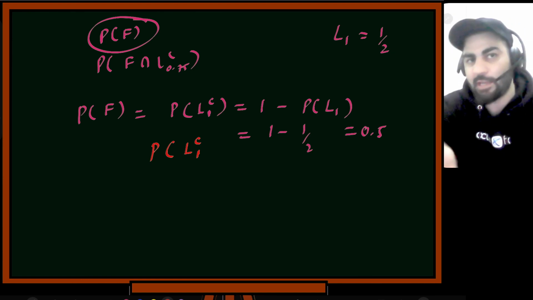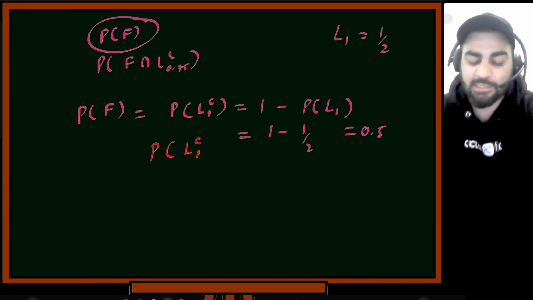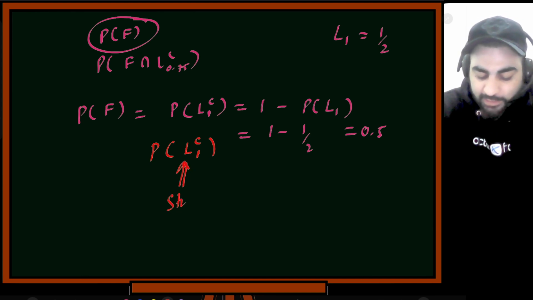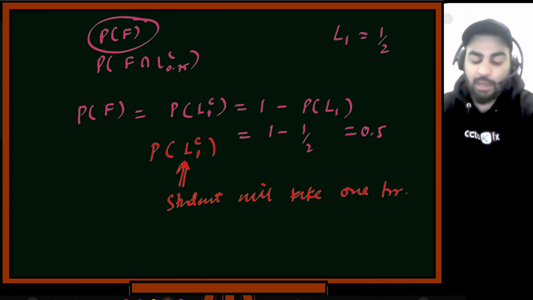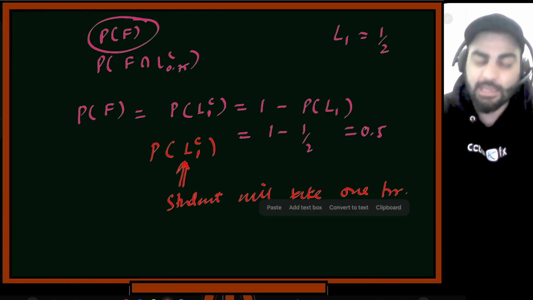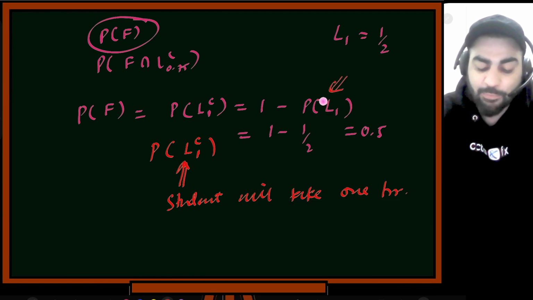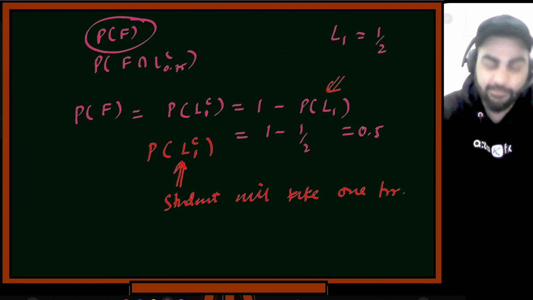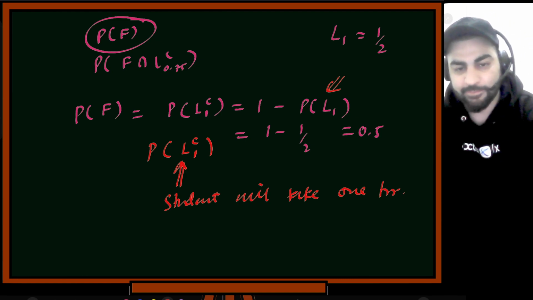If he exceeds less than 1 hour, it means greater than or equal to 1 hour, but you know that x only ranges till 1. So this portion means the student will take 1 hour. To compute this I can write 1 minus L1. L1 means the student will take less than 1 hour, and the given probability is x by 2, so this is 1 by 2. So P of F is equal to 0.5. Have you understood this? Yes, sir.